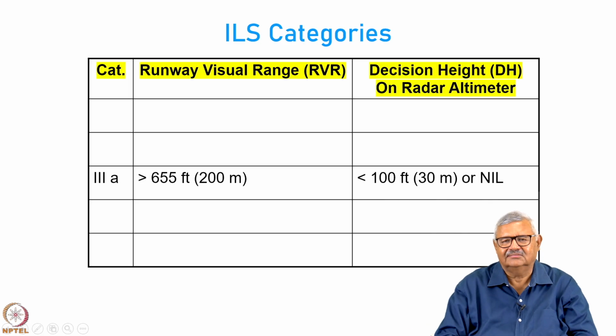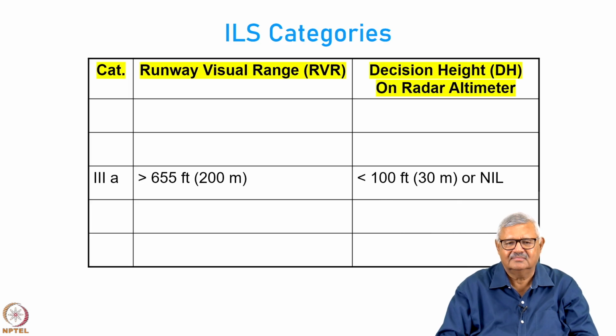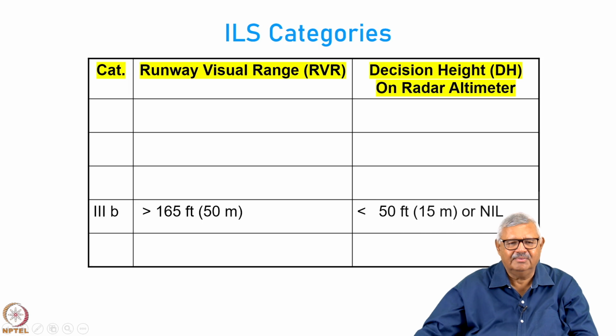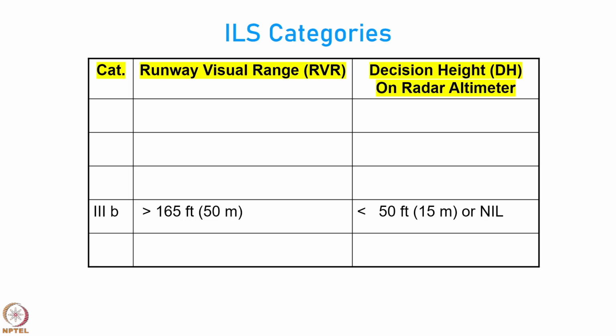Category 3A, the lowest of category 3, reduces the runway visual range to 655 feet or 200 meters, but the decision height remains the same, that is 30 meters or 100 feet. Category 3B reduces the RVR to only 50 meters at a height of 50 feet.